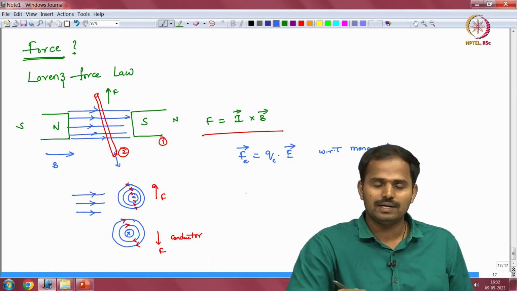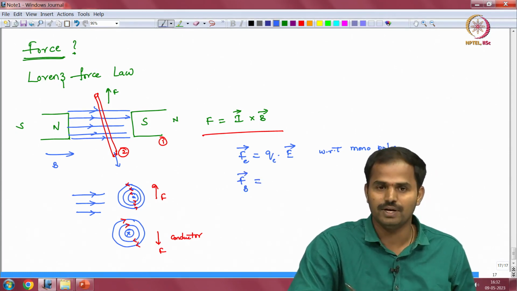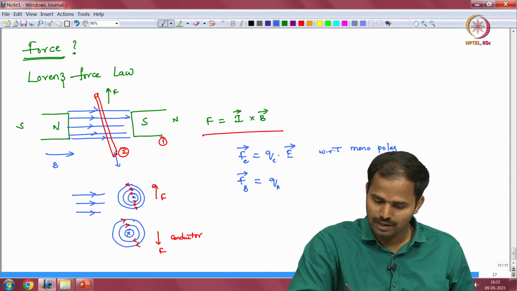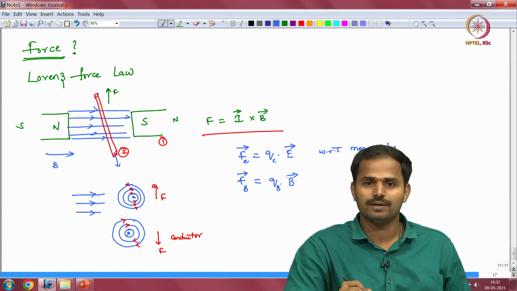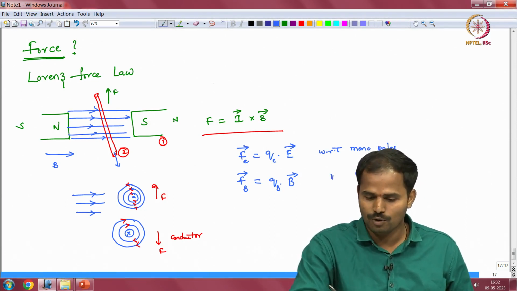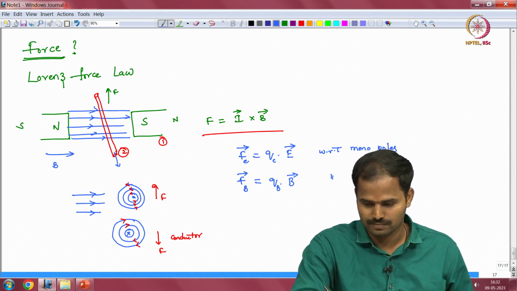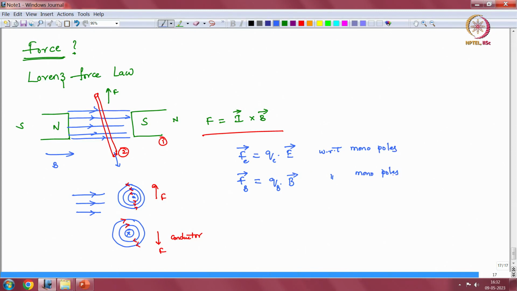The same equation and same analysis if we adapt for the magnetic fields, F B, that is magnetic field force, Q B into B fields, right. Is it fine? This equation is valid only when monopoles exist, but magnetic monopoles do not exist, right, only dipoles will be there.